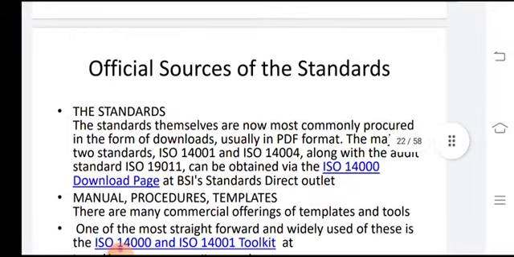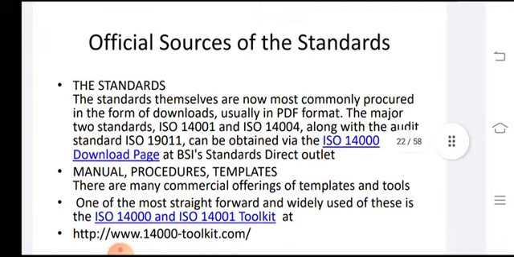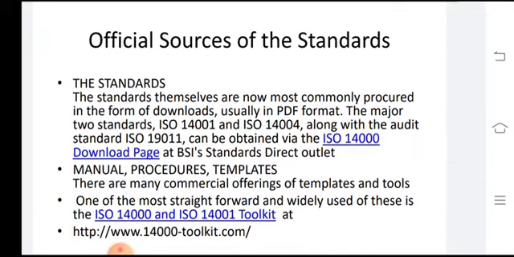As for the official source of the standards, as we talked about earlier, the organization has described specific nomenclature for everything, like auditing, labeling, LCA (life cycle assessment), and EMS (environmental management system).